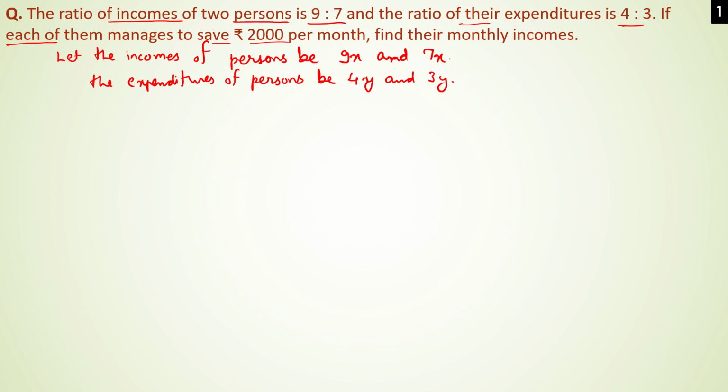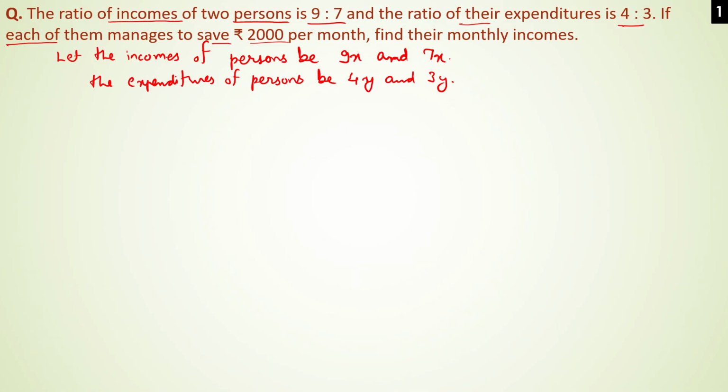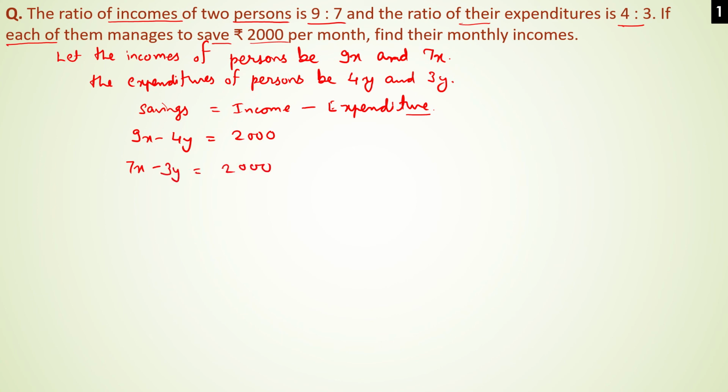Savings equals income minus expenditure. So we get 9x minus 4y equals 2000 and 7x minus 3y equals 2000, since the savings of both the persons is the same.